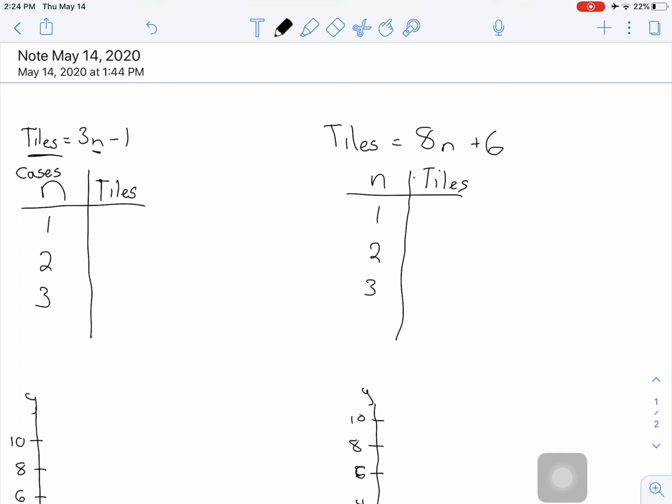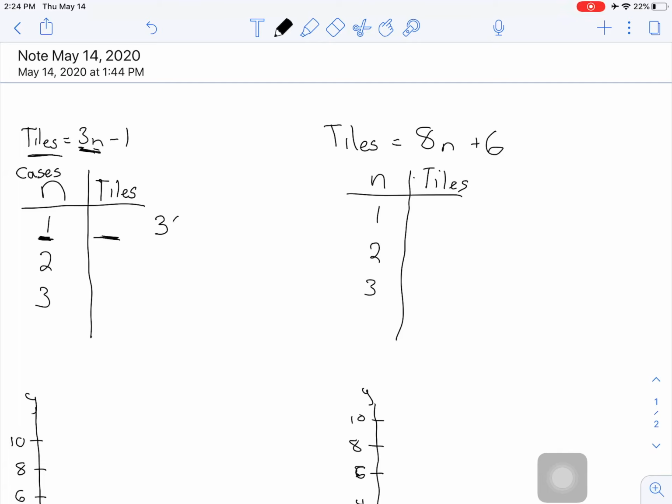So if we look at tiles is equal to 3n minus 1, if I had case 1, can anybody tell how many tiles there are? What you would do is, well, we know n equals 1. And remember, when we have a number next to a variable like this, it means multiply.